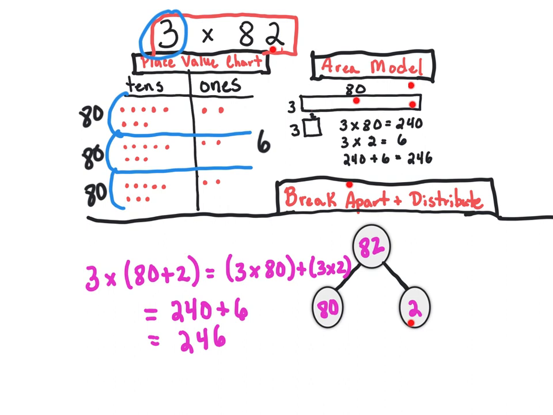So we could take 80 plus 2 and put that in the parentheses, and each one of these gets multiplied by 3. Or you could do it this way and say 3 times 80 plus 3 times 2. Then when we do this, we get 240 on this side, plus this 6, and we get 246.